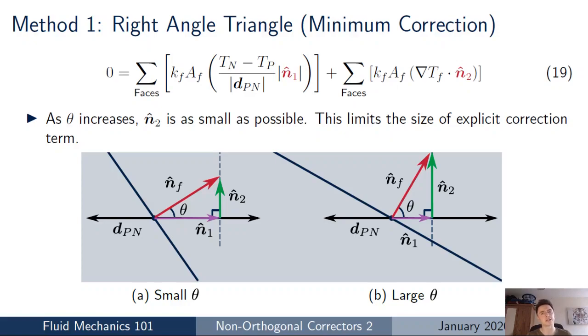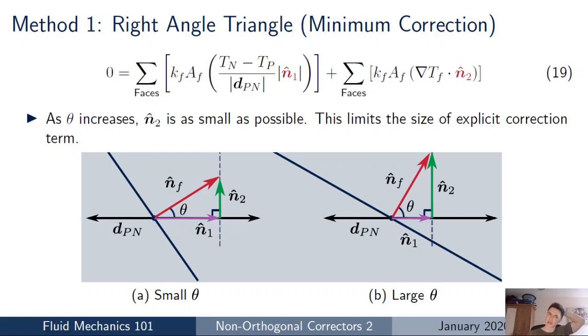And what does this mean in terms of the equations? Well, if we look back at equation 19, we can see that our first summation has the magnitude of n1 in it, and our second summation has n2 in there. So as the angle of that face is increasing, as theta is increasing and the mesh is getting more skewed, the magnitude of n1 is reducing and n2 is getting larger.